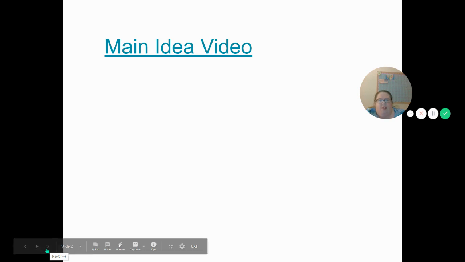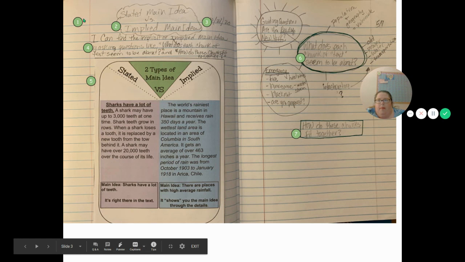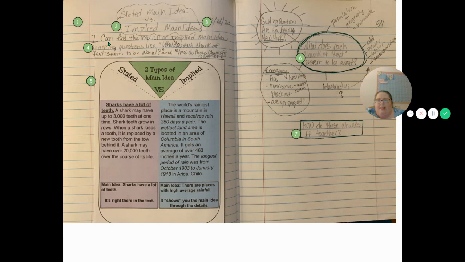Okay, but first let's go ahead and get our Reader's Workshop notebook set up. Make sure you have the page number, the title, the date, the I can statement, and then your two types of main idea, stated versus implied.